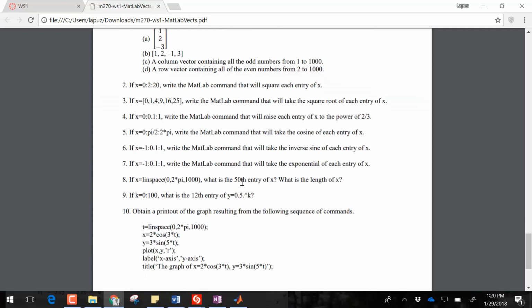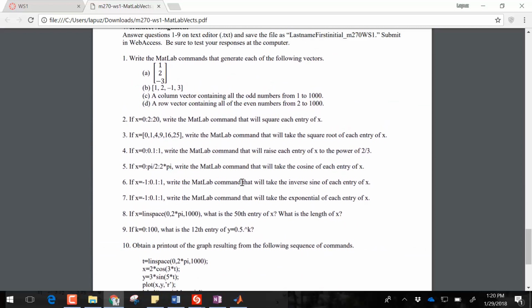And then towards the end, there are problems for you to try, which should be pretty straightforward after you've gone through the quick lesson.